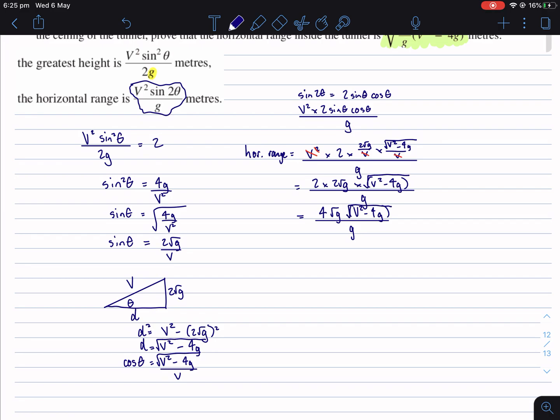Okay, so that means I'm just going to get everything under the square root sign. So I've got 16g v squared take 4g all over g squared, which gives me 16 over g times v squared take 4g. That wasn't too bad.